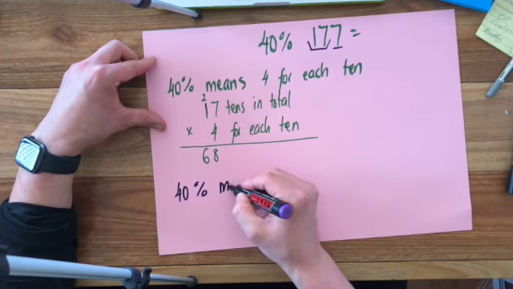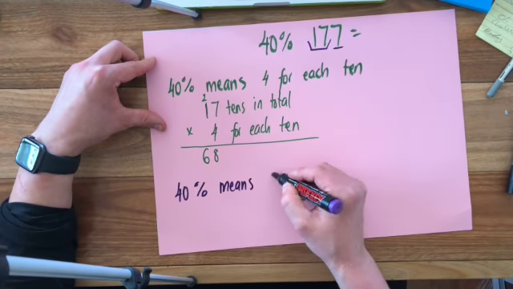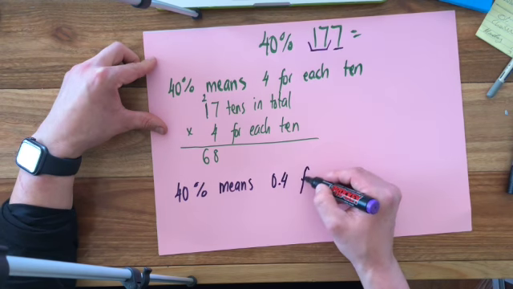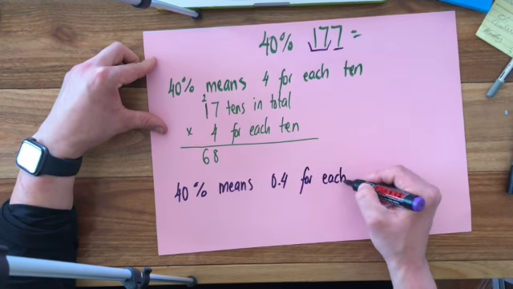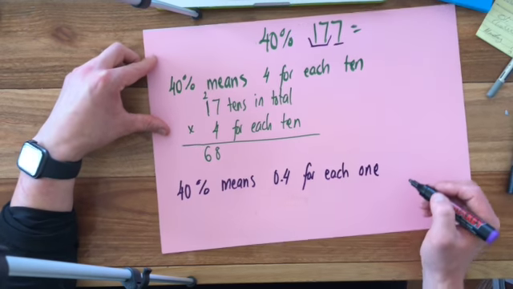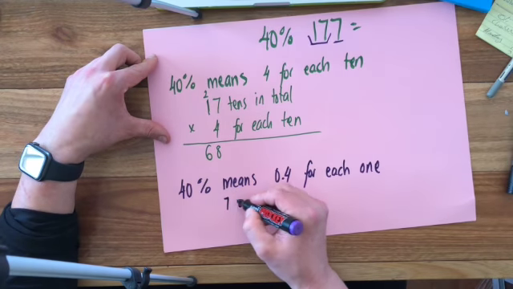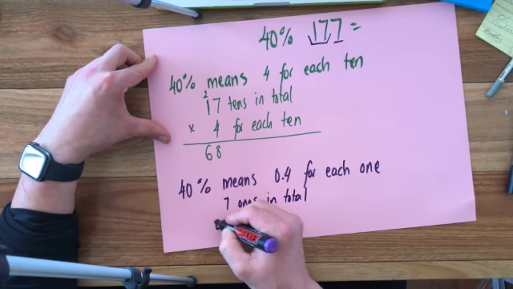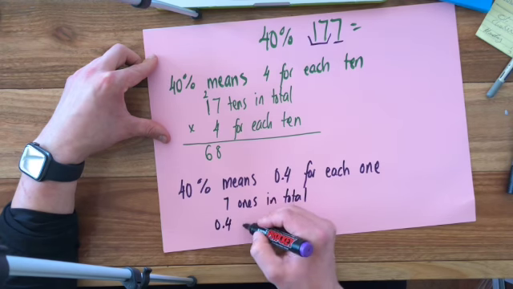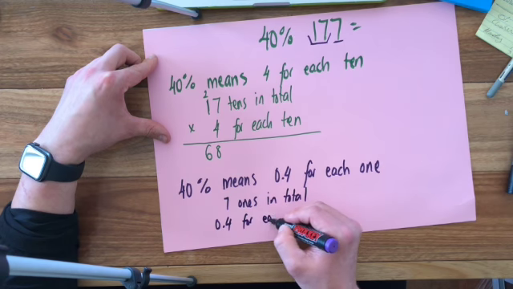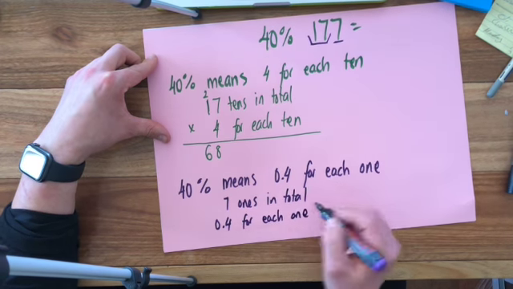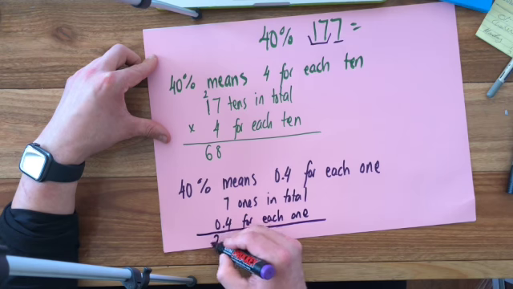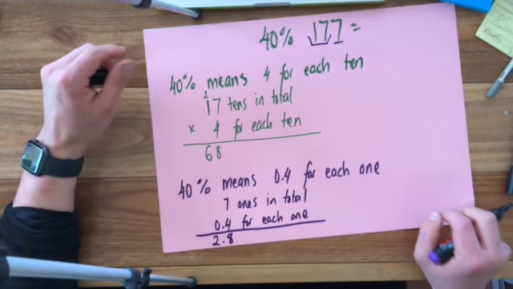40% means 4 tenths for each one. All right, I've got 7 ones in total. 4 tenths for each one. I've got 2 and 8 tenths.